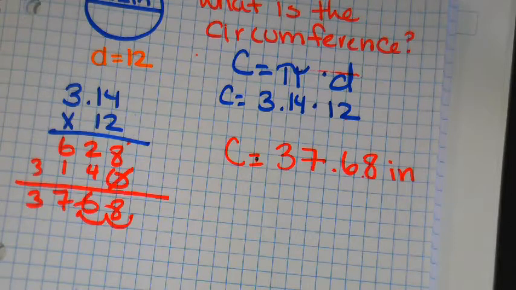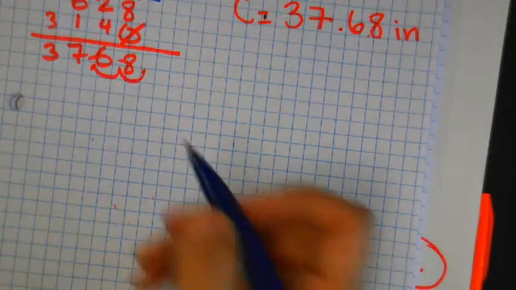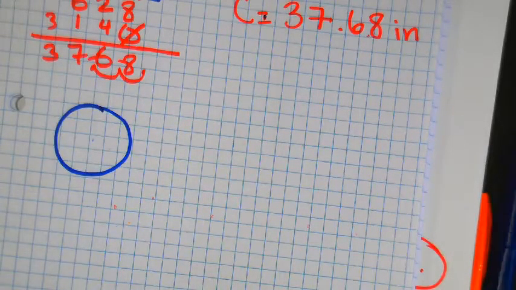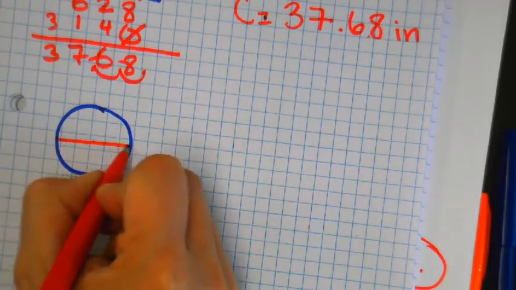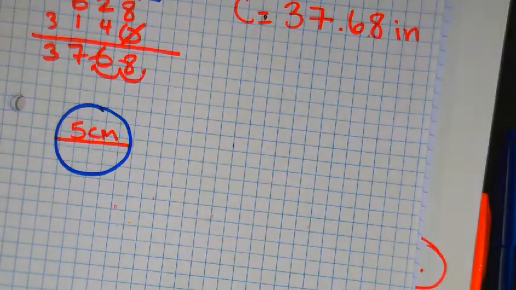Draw me a circle that has a diameter of 5. So hopefully you drew that and labeled it correctly.